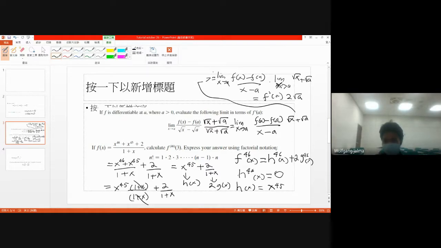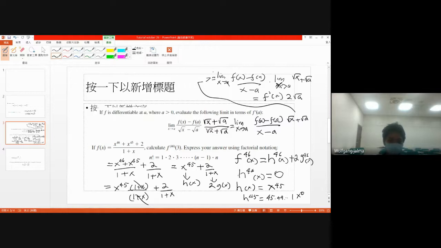So in the 45th derivative, what we have is 45 times 44 down to 1, and x to the power of 0. So this is equal to 45 factorial. It is a constant, so when we differentiate a constant once more to the 46th, it becomes 0. Okay, so this is the easy part.